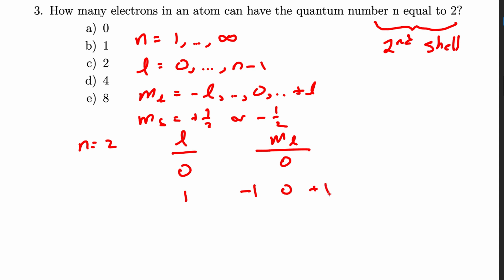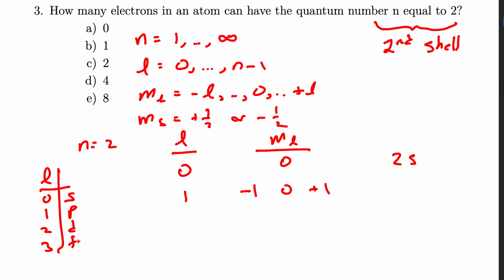And so L equals 0 corresponds to an s orbital, so that would actually be 2s. And L equals 1 corresponds to p. Remember, L0 is s, L1 is p, L2 is d, L3 is f.